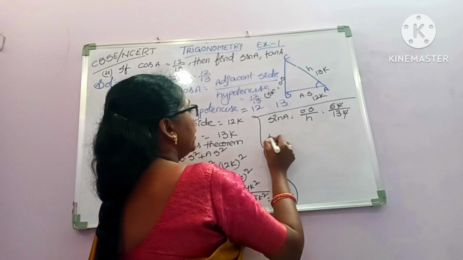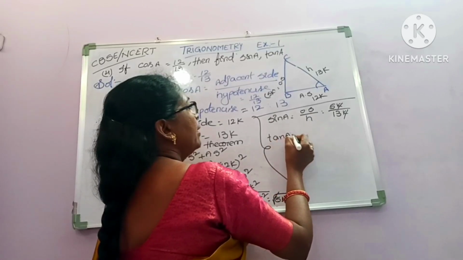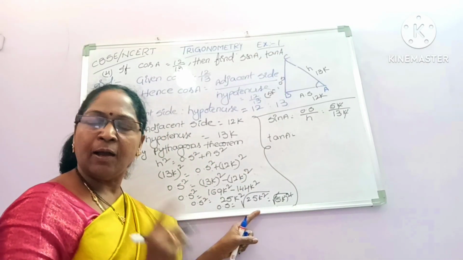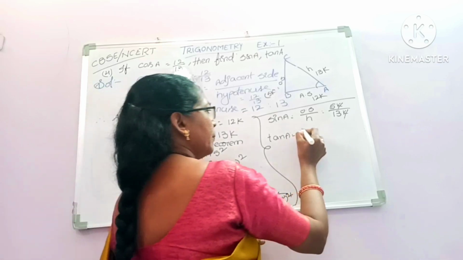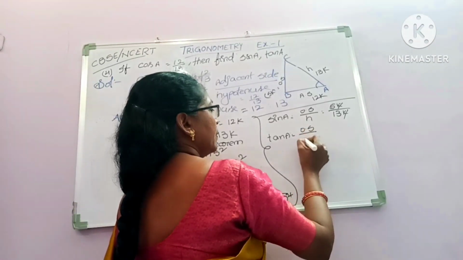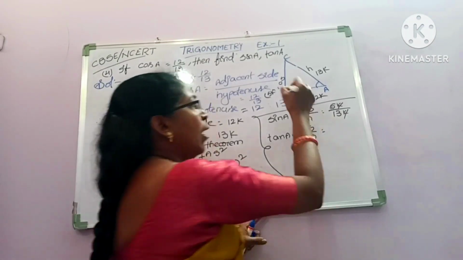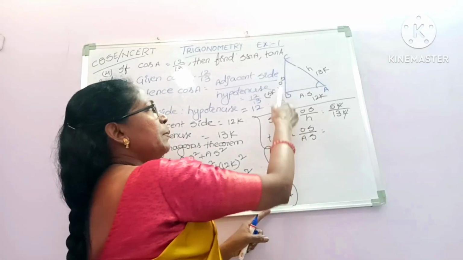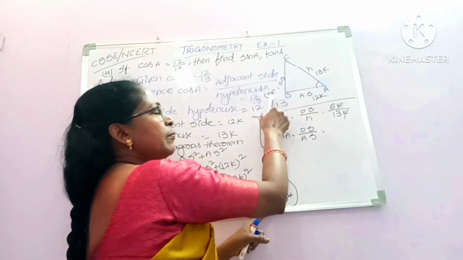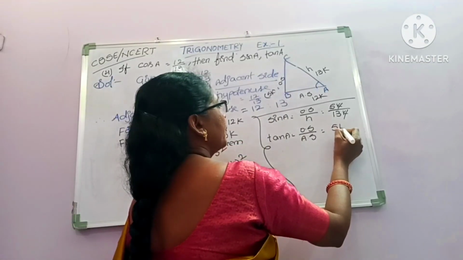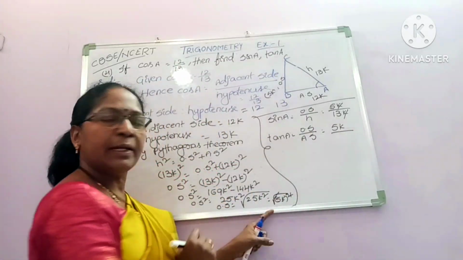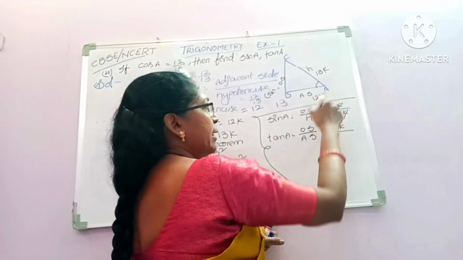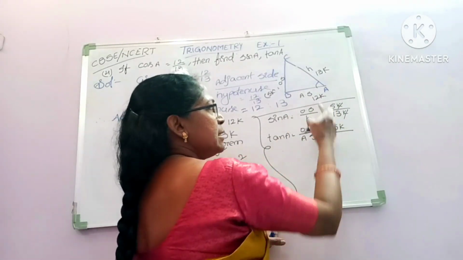Next value is tan A. Tan A equals, what's the formula? Opposite side by adjacent side. So the opposite side, what's the value here? BC is the opposite side. Opposite side value equals 5k. Adjacent side is right here: AB is the adjacent side.